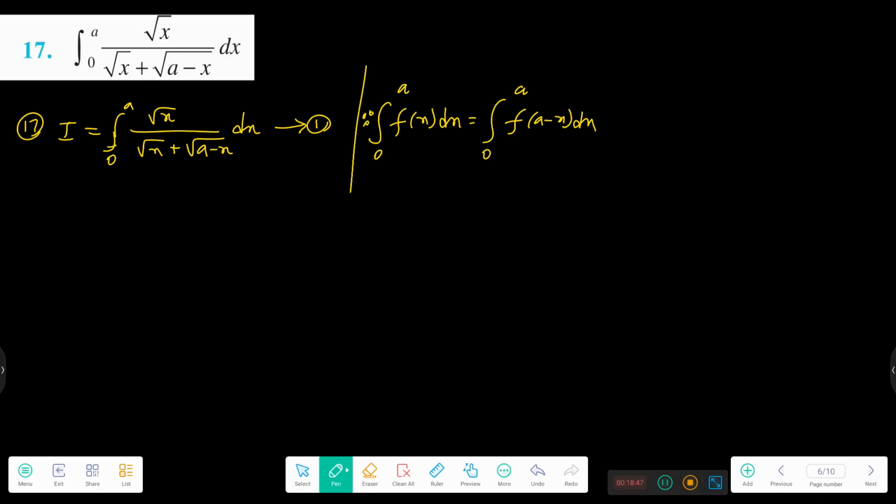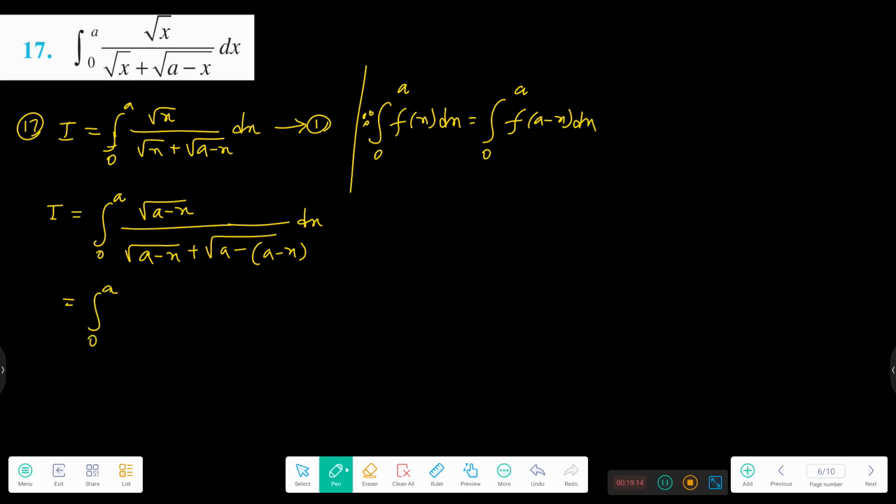Property number 4. So I is equal to the integral from 0 to a, wherever x is there, you replace it with a minus x. So in the numerator there is root x, so I write root of a minus x, and in the denominator root x becomes root of a minus x, plus square root of a minus x, where that minus x you can write as a minus x, dx. Now multiply.